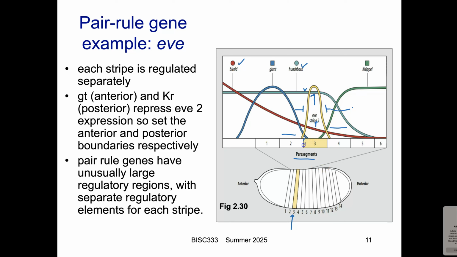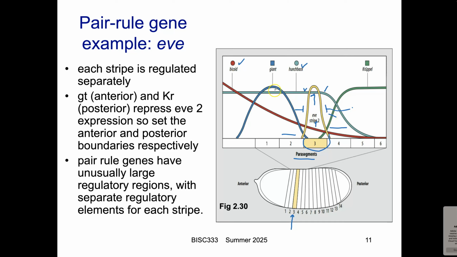The expression is going to be just in the place where you have relatively low levels. This isn't zero Krüppel, but there's way more hunchback. So if hunchback and Krüppel are competing with each other to bind to the promoter region and turn on or off, the hunchback is going to win because there's more of that protein, right?